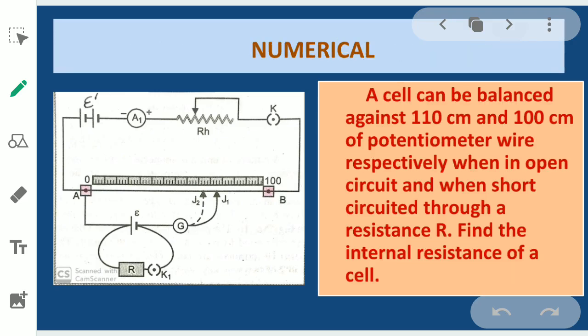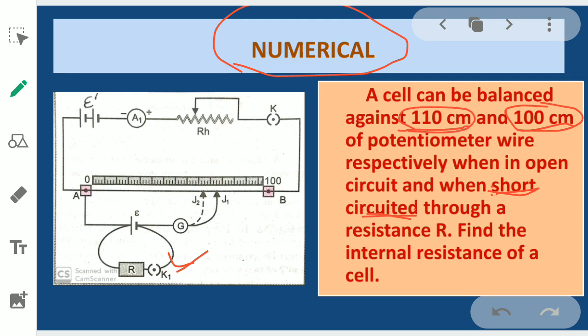So next, we see this is one numerical. A cell can be balanced against 110 centimeter and 100 centimeter of potentiometer wire respectively when in open circuit and when short circuited. What is short circuited? Short circuited means when the circuit is closed, means K1 closed, at that time the balancing length is 100, and when this is open, the balancing length is 110.